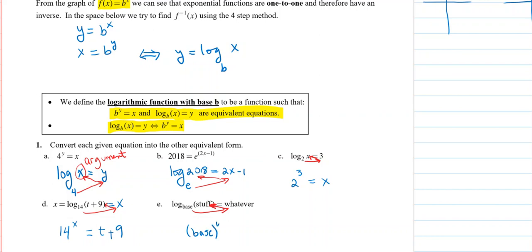So you'll practice in homework going back and forth between logarithmic form and exponential form of an equation. Remember that they are equivalent ways of saying the same thing. And also remember that the logarithm is just the inverse of an exponential function.